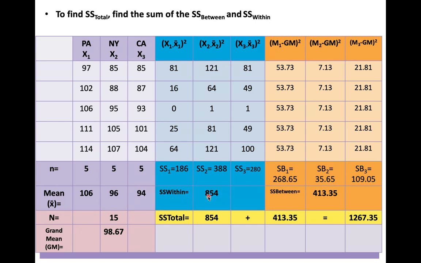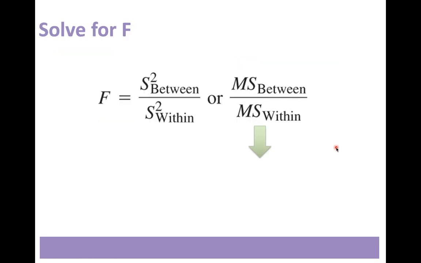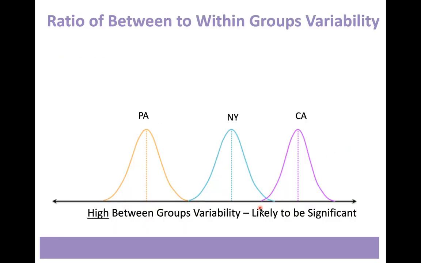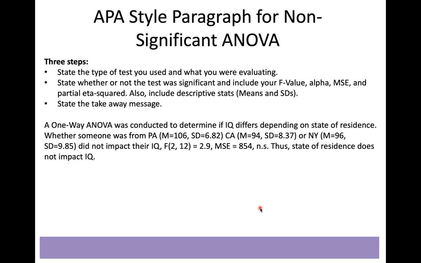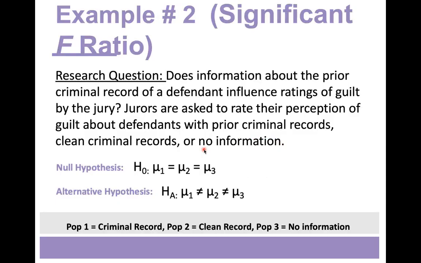What we actually want is 854 divided by 12, which is 71.17. So that's what we want to list in the APA style conclusion. 71.17.